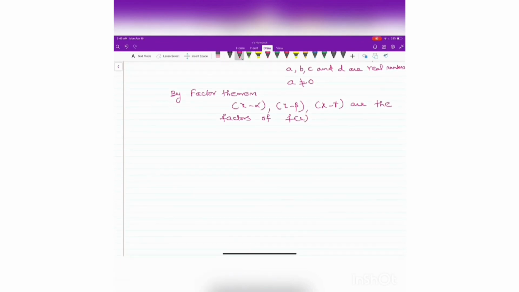So now I can write f of x is equal to k into x minus alpha into x minus beta into x minus gamma, where k is a constant, or even I can write any non-zero real number.